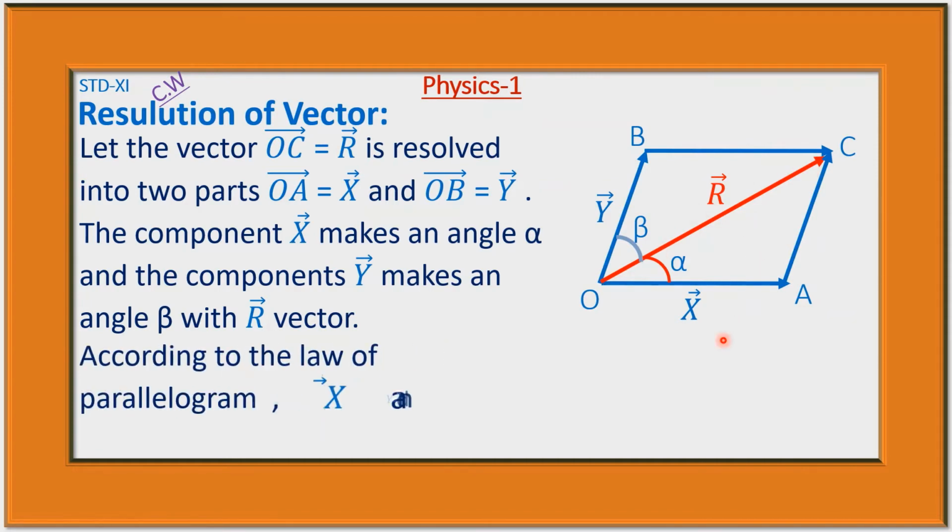So according to the law of parallelogram, X and Y are two components of R. Here vector R is resolved into two parts, X and Y, which are at angles alpha and beta with this R vector respectively.